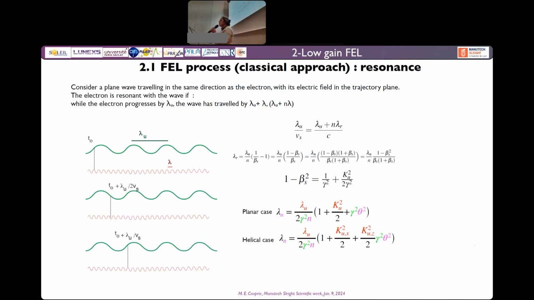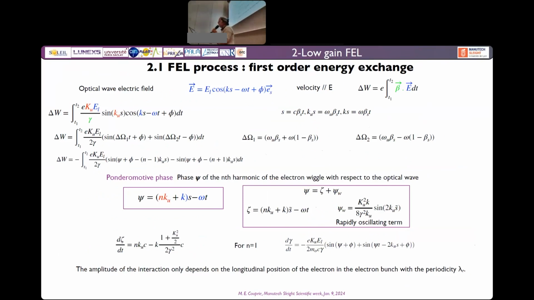We have a resonance if, when the electron progresses by one undulator period lambda u, the wave has traveled by lambda u plus one wavelength of radiation. We can write this, develop the mathematics, and we find again the same relationship that we found for synchrotron radiation. So we see that the FEL works on the synchrotron radiation wavelengths.